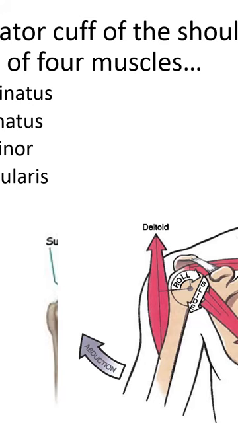Remember that I mentioned that deltoid is involved in pretty much every action at the shoulder: abduction, flexion, extension, rotation. Deltoid does almost everything. Because deltoid runs from the clavicle, the acromion, and the spine of the scapula, all those heads come together and insert at the deltoid tuberosity.